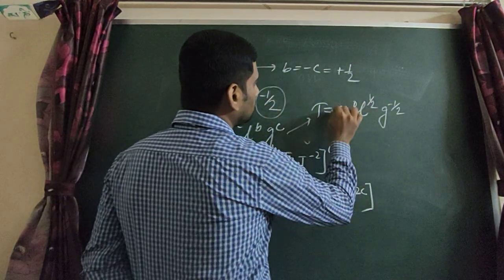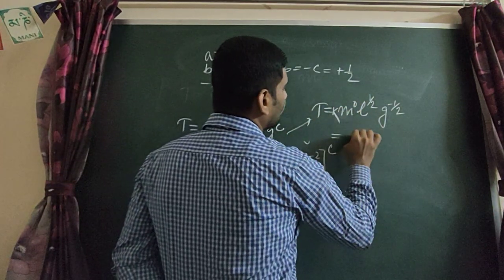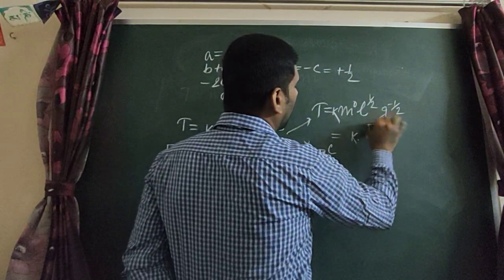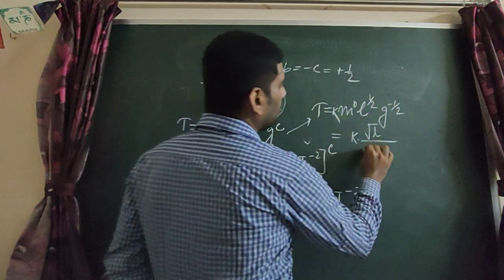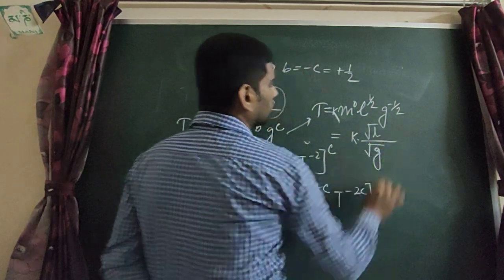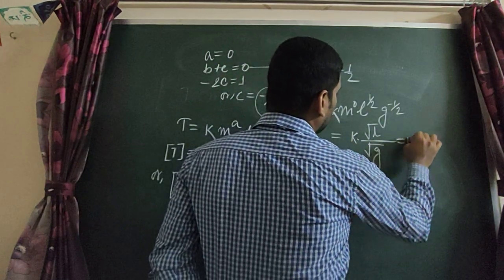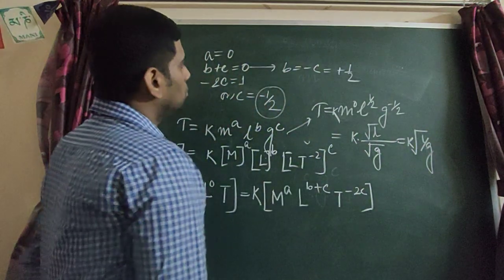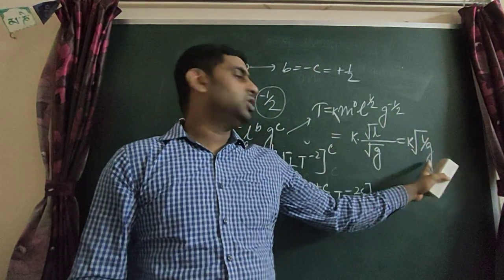So I am getting K into m to the power 0 means 1, L to the power half means root over L, G to the power minus half means 1 by root over G. Got it? So if we take it together, basically what we got is T equals to K root over L by G.